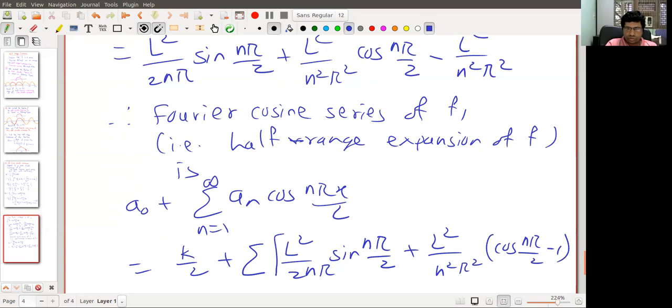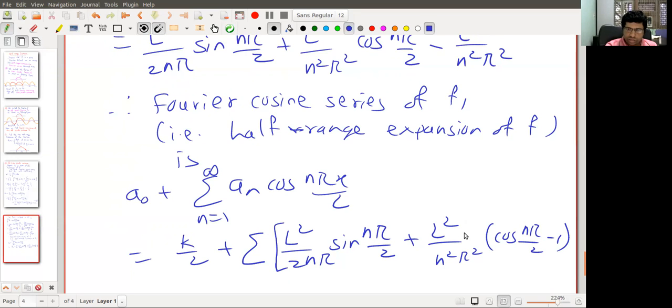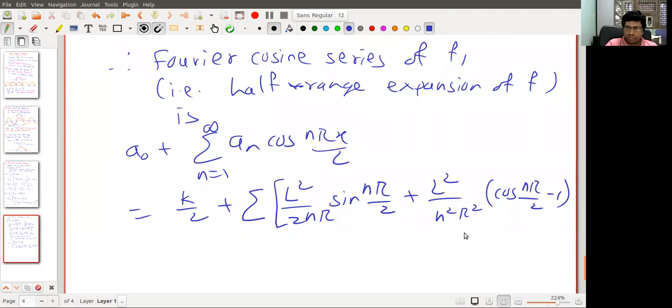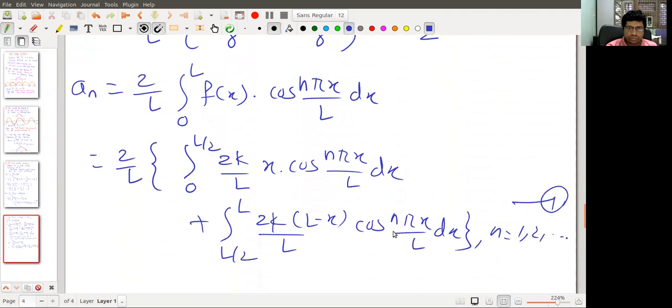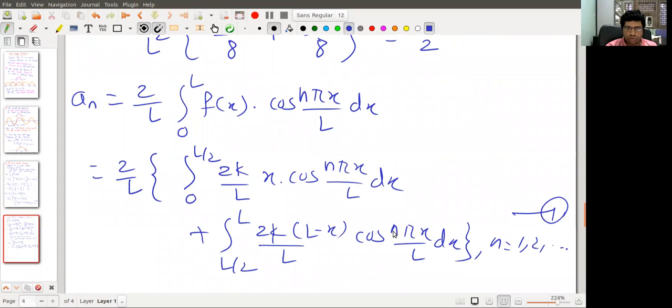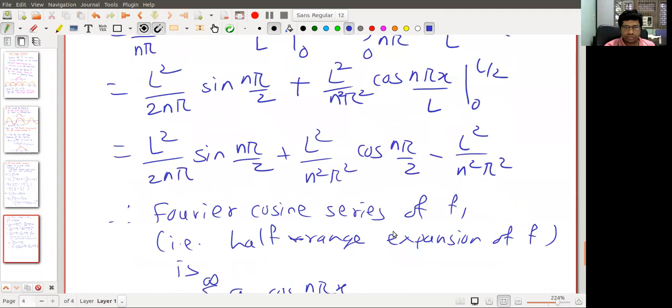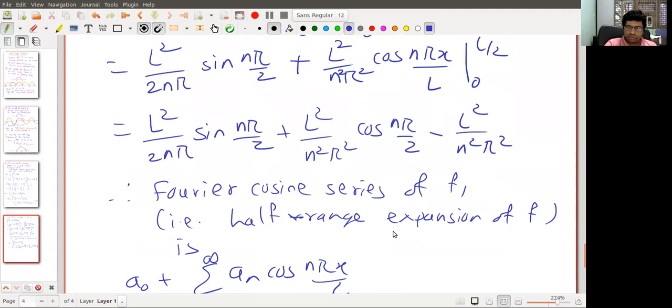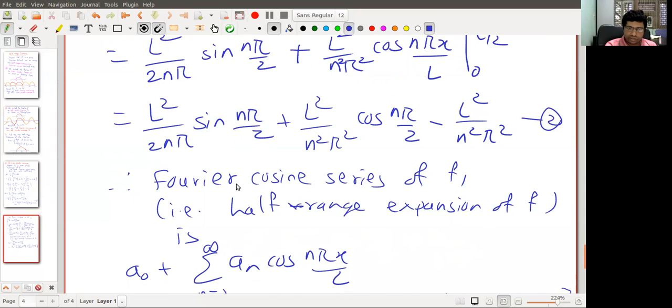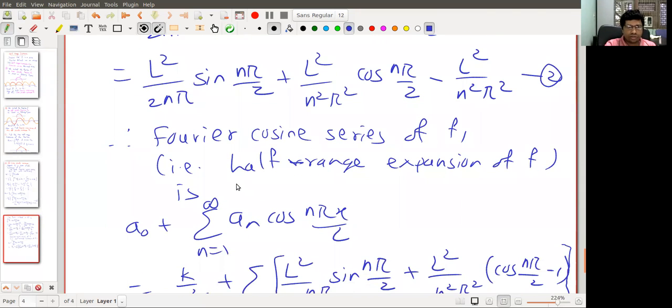So this is an multiplied by, sorry, we computed one integral, we need to compute the other integral also. Okay, so this is number 2, we need to compute the other integral also. Okay, so we don't need this.